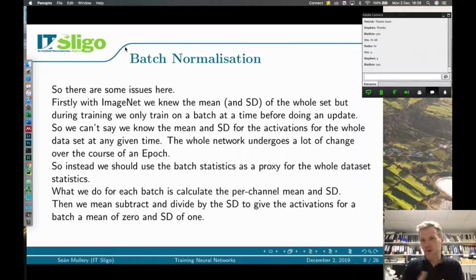We clearly don't put 10 million images through the network, calculate the loss for all those 10 million images, and then do an update. Instead, what we do is we take a batch of those images, put them through, get the loss, and make an update. Now that changes the entire network based on a very small subset of our data.